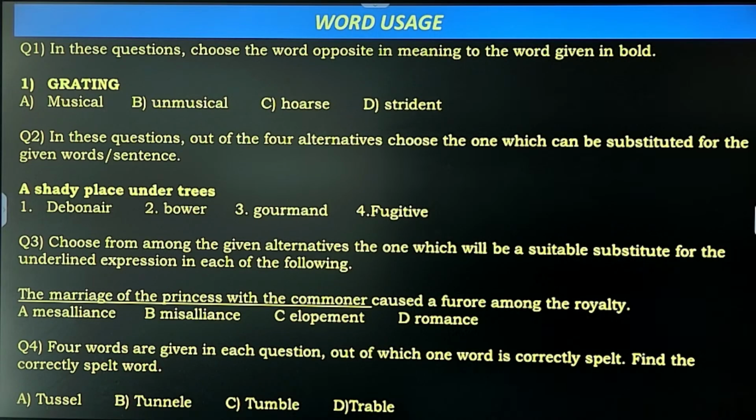Okay, so let's discuss. So Satyam has given us the answers. Okay, let's discuss all these questions.